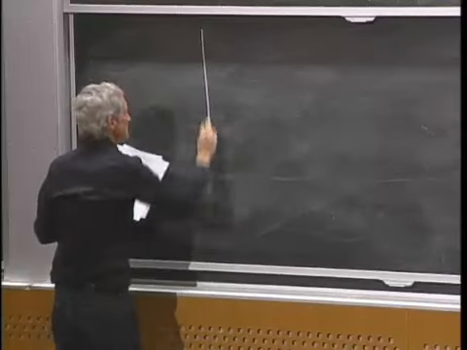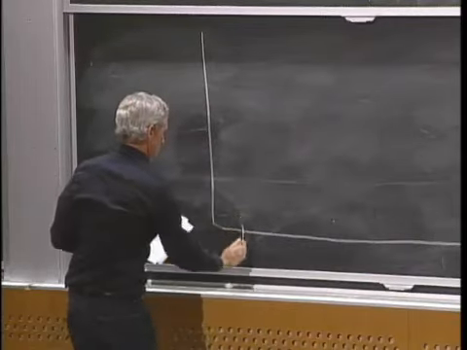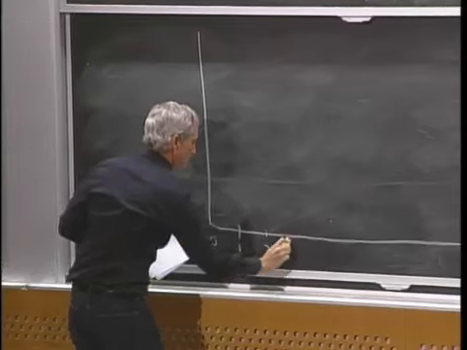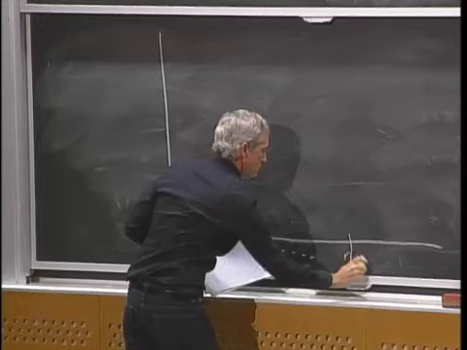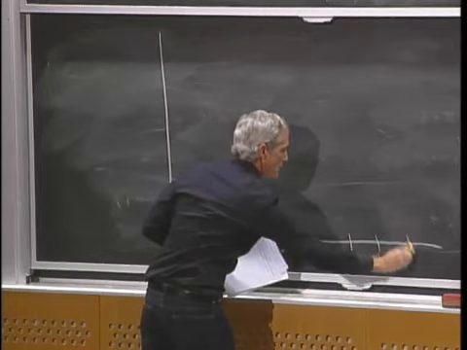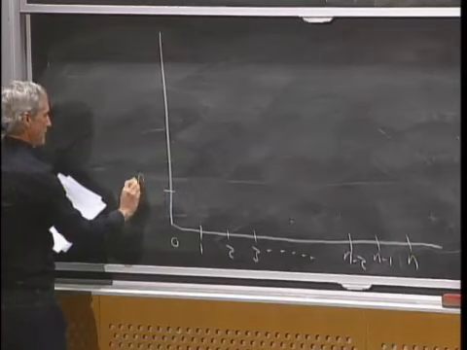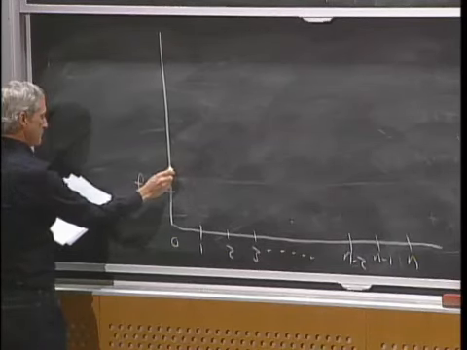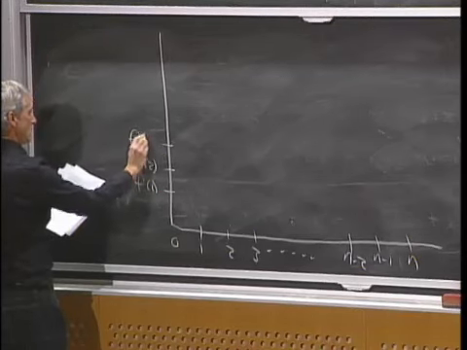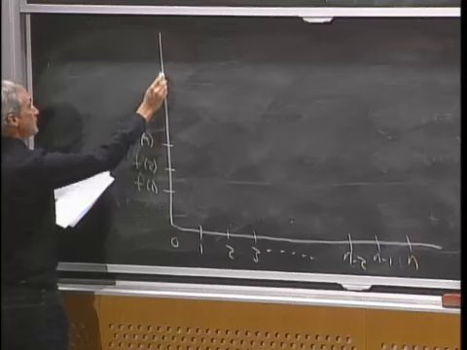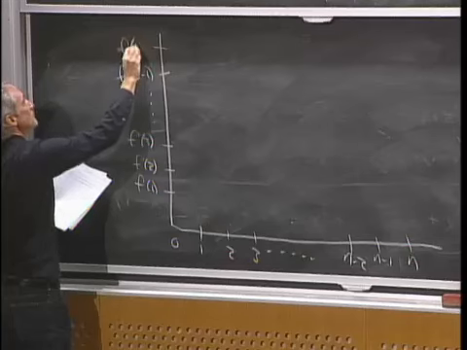So let's draw the sum as follows. I've got 0, 1, 2, 3, n minus 2, n minus 1, n. And draw the values of f here. Here's f of 1, f of 2, it's increasing, f of 3, f of n minus 1, and f of n.